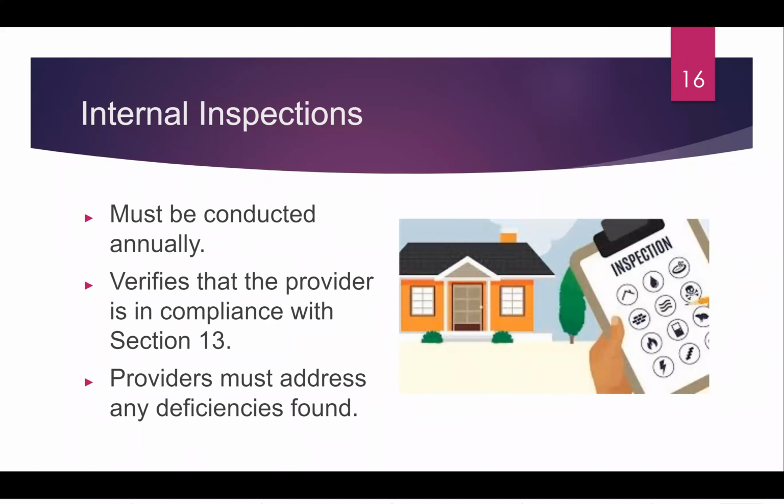When we spend time in a place every day, it's easy to overlook the rip in the carpet that could be a tripping hazard. The internal inspection, if conducted through the lens of a visitor who has never been in the setting, can help identify some of the hazards we don't see when performing the day-to-day work.